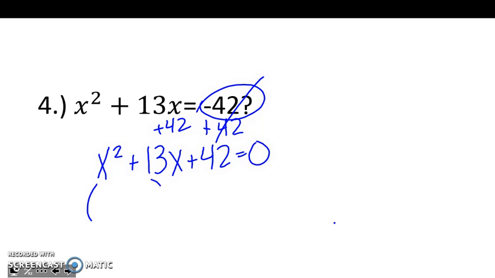Because then I need to factor out the polynomial, okay? So I get x plus 6 and x plus 7 equals 0. So our final solutions would be x equals negative 6 and x equals negative 7.